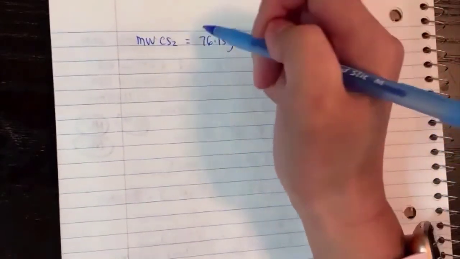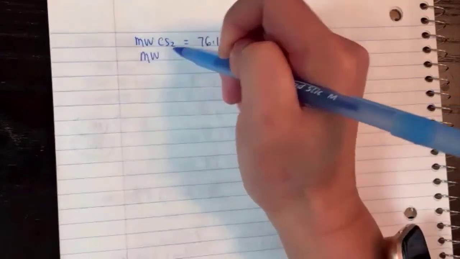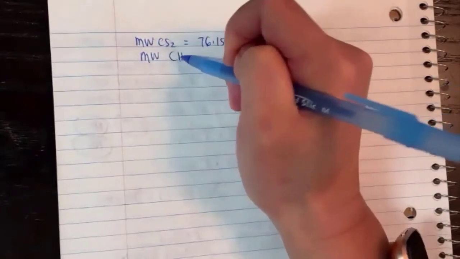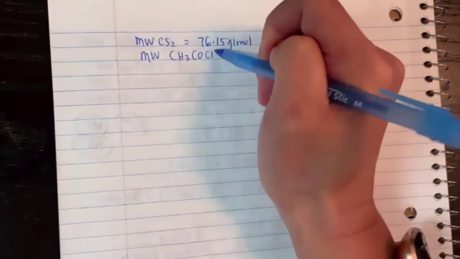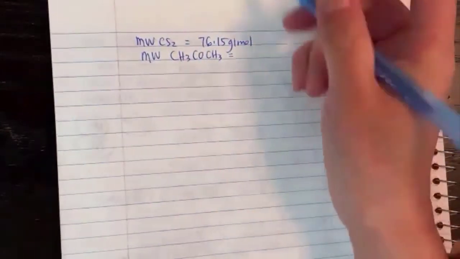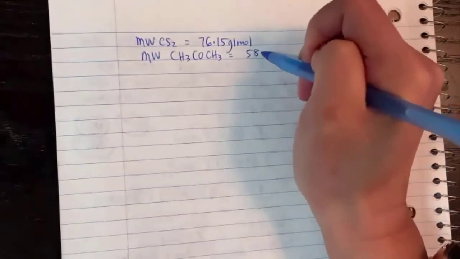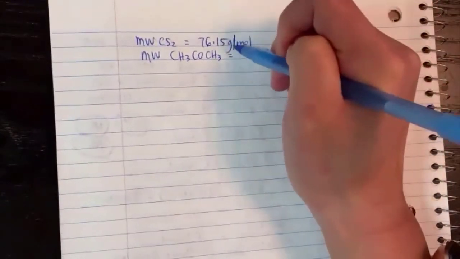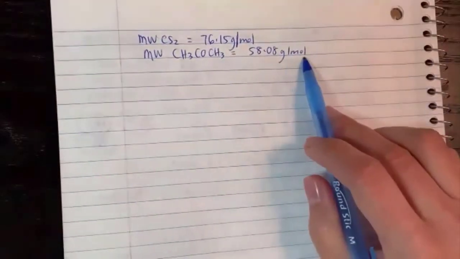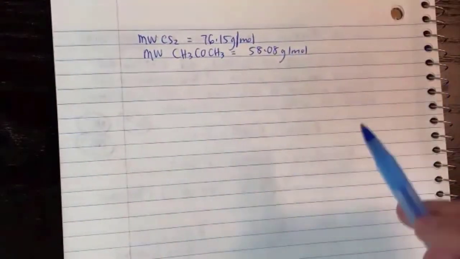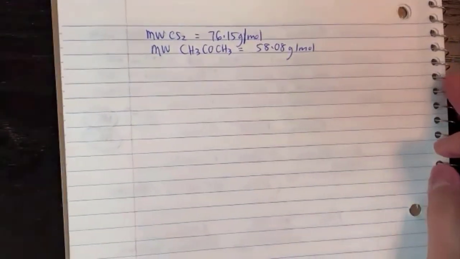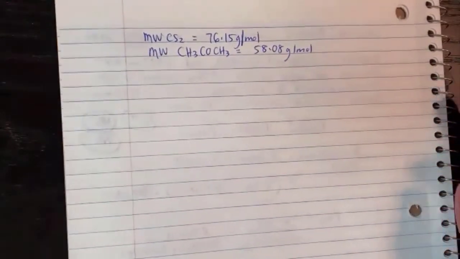And you will have a periodic table for every single exam. It's on every single page of your test. So molar mass of the acetone is 58.08 grams per mole. You notice how I write mol, I don't write M? It's because mol is the abbreviation for moles, okay? Such a common misunderstanding for some reason.